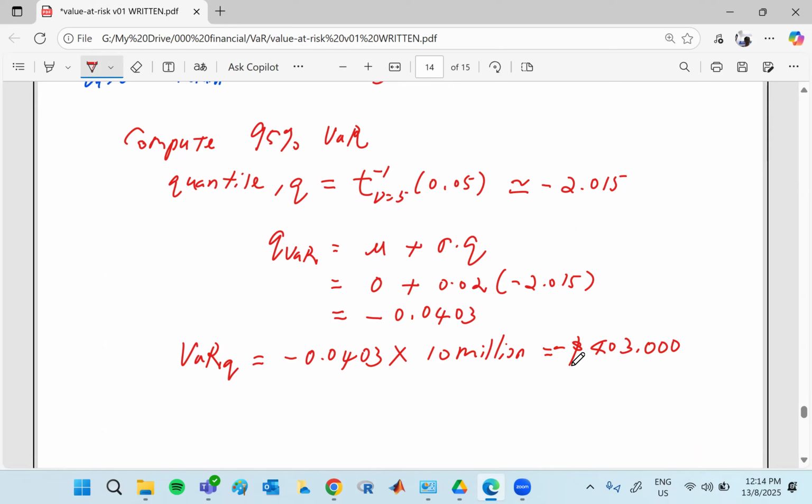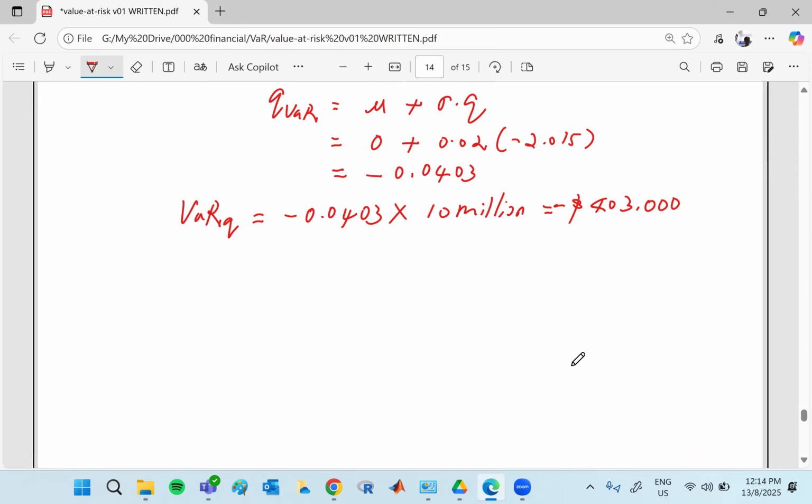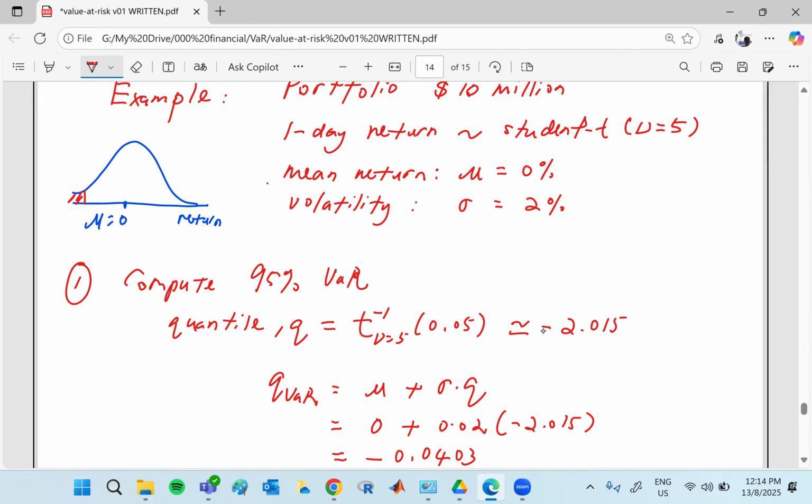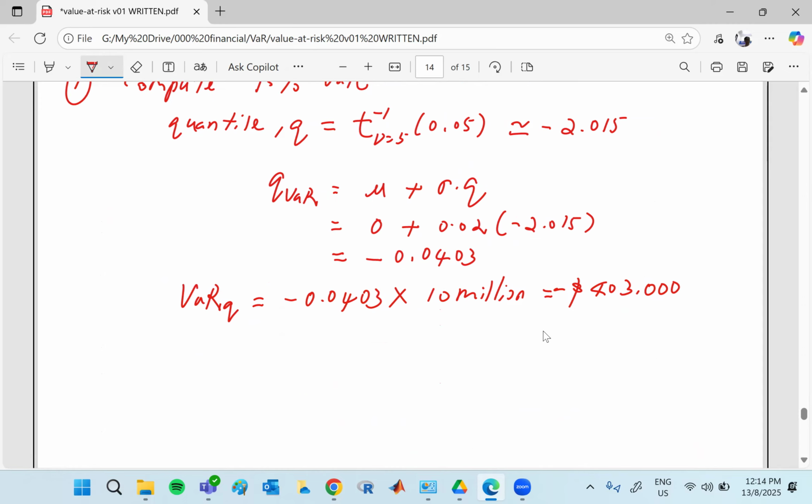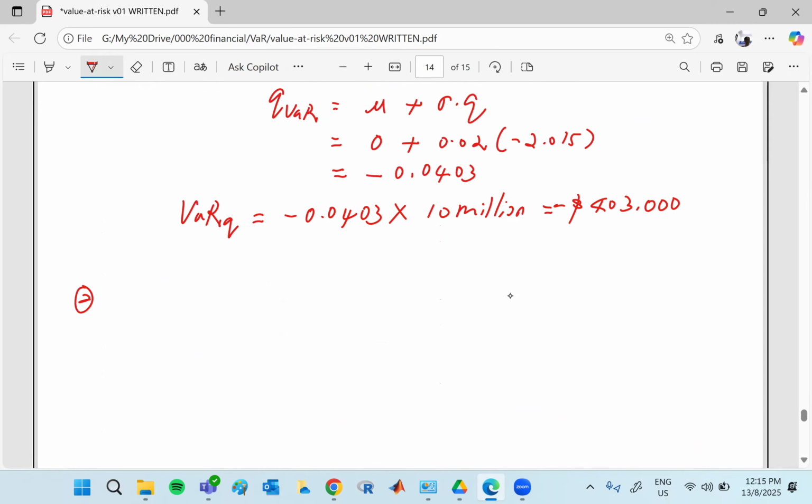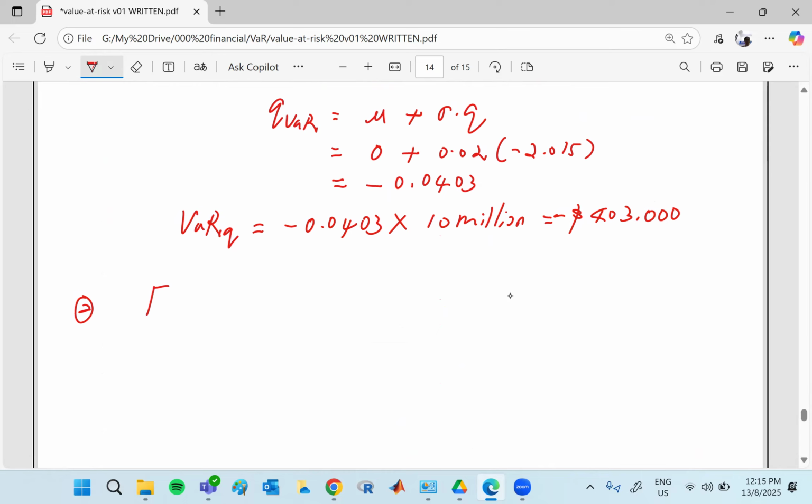Now let's compare this with the expected shortfall. Let's say this is the first one, so number 2 is the expected shortfall, ES.